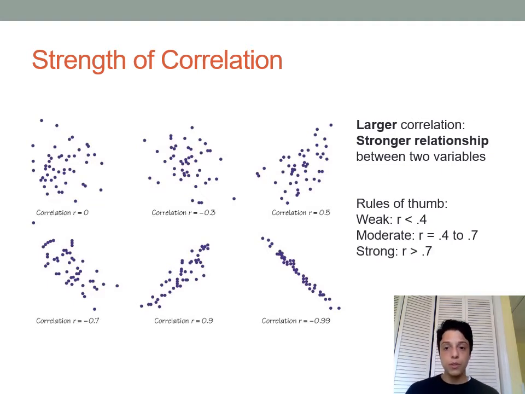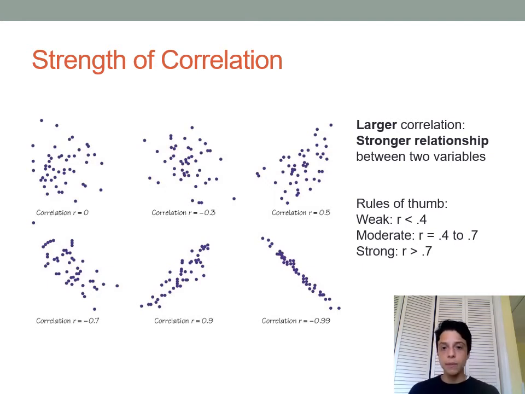As you get into strong correlations, on the other hand, you have relationships between variables where it really just looks like a line. Like the one in the very bottom right there, where we've got a correlation of negative 0.99, it's very strong, very tight, just looks like a straight line sloping down. You know that if you have a variable that is high on one side, it's going to be low on the other side.